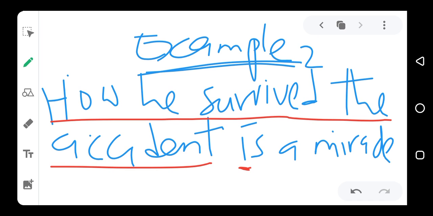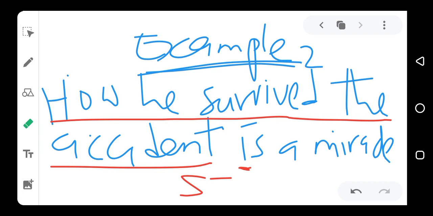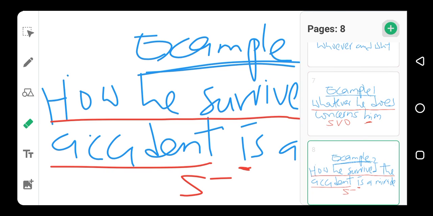Now, what is the duty of this noun clause in this sentence? We use our SVO.